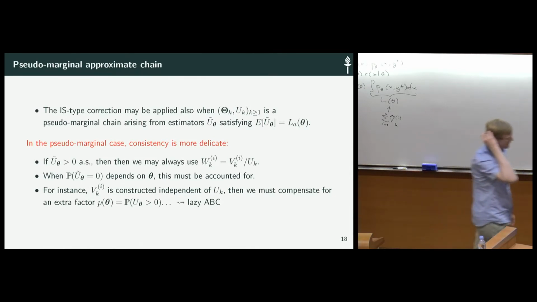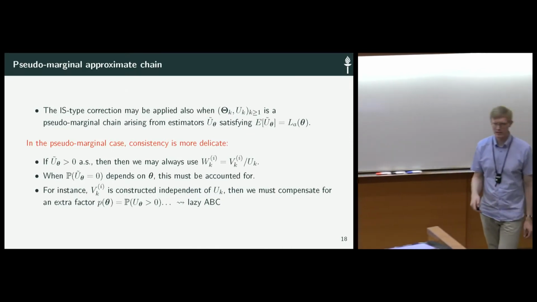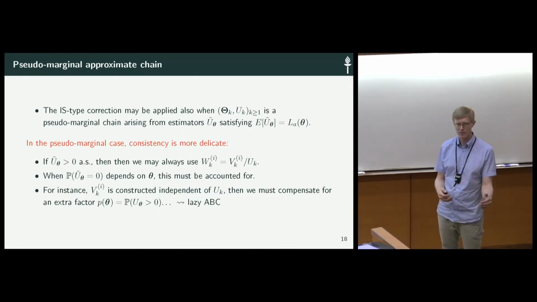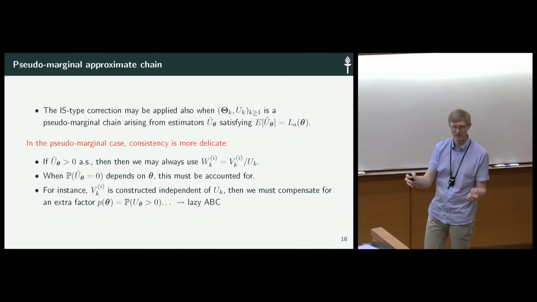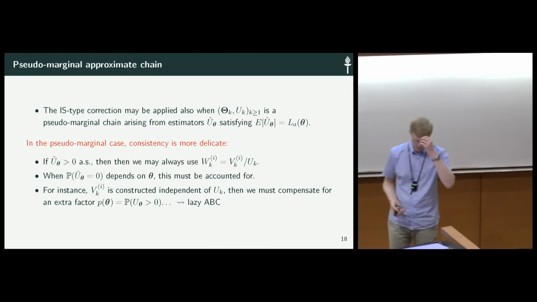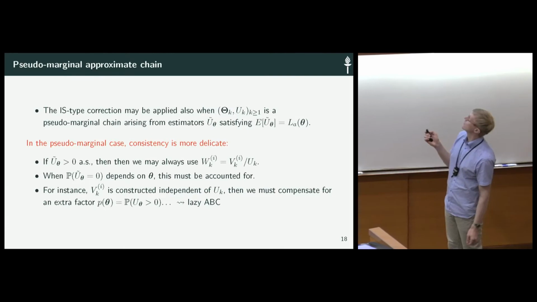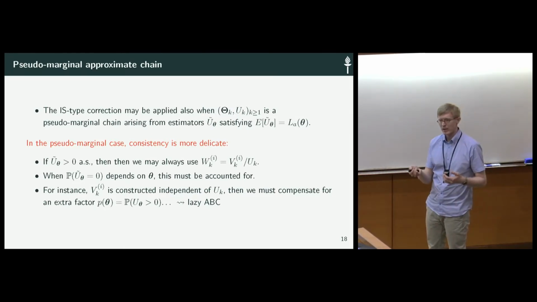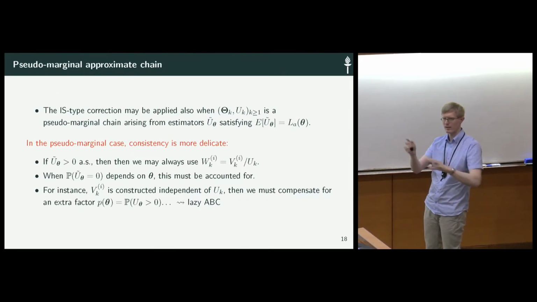Okay, and what's nice is that once you are careful about the conditions and everything, you realize that the approximate marginal chain can actually be a pseudo-marginal chain as well, for instance. This is a rather general thing. So you can do pseudo-marginal, and in some sense everything works out just as in PMMH. You just replace your LA, the likelihood approximation, by the corresponding estimator everywhere.